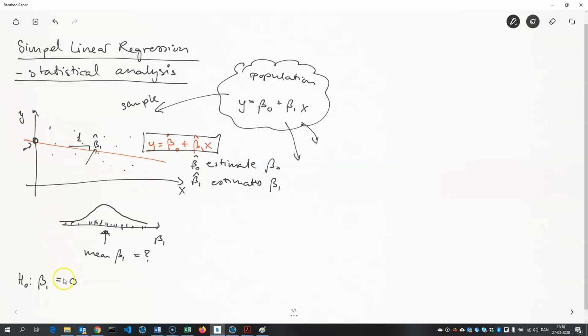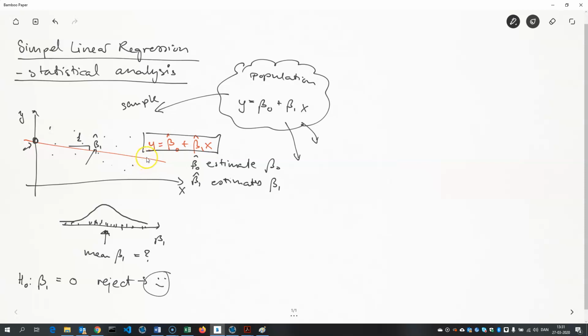So if we can reject this hypothesis, that would make us happy, I guess, because then we've shown that there is a significant linear relationship between x and y. And you might say, well, I have this line. I can see that beta 1 is negative. It's not 0. So why even ask this question?